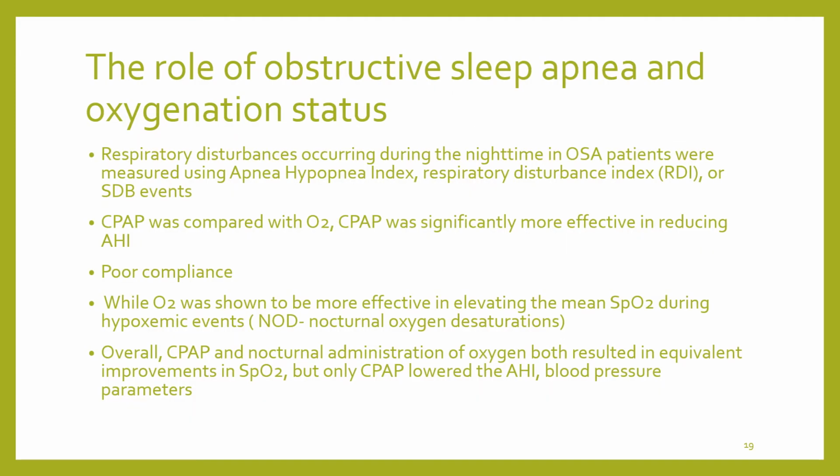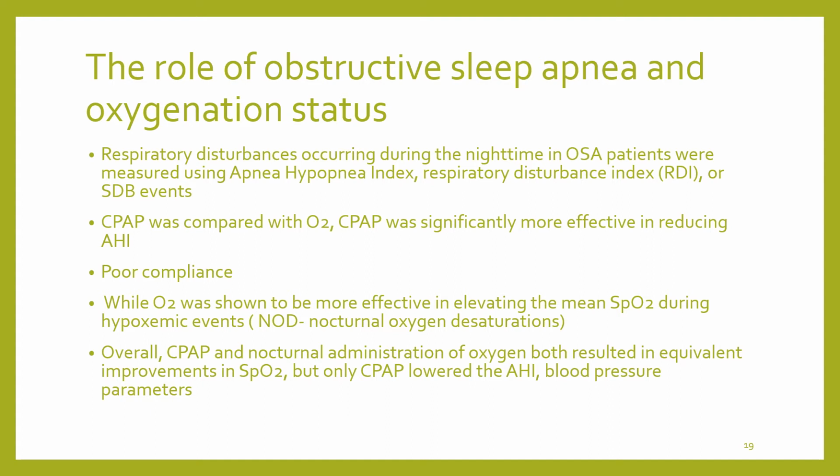They were doing some interesting studies on the role of obstructive sleep apnea in oxygen status. Obviously, people with OSA desaturate during the night, and they were doing some studies to see which would be a better treatment option. Would it be CPAP, or would they give supplemental oxygen, say, via nasal cannula?